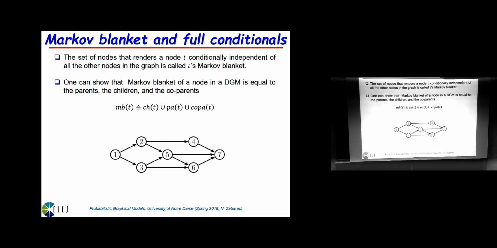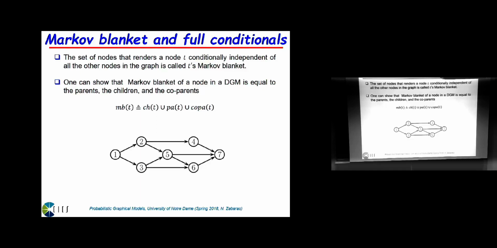Okay? Now, you may ask me, is there any proof of this? Where is this coming from? And I'm going to at least highlight it in one slide. But again, the Markov blanket of 5 are the parents, 2 and 3, all right? The children, 6 and 7, and then the co-parent, in this case, 4.